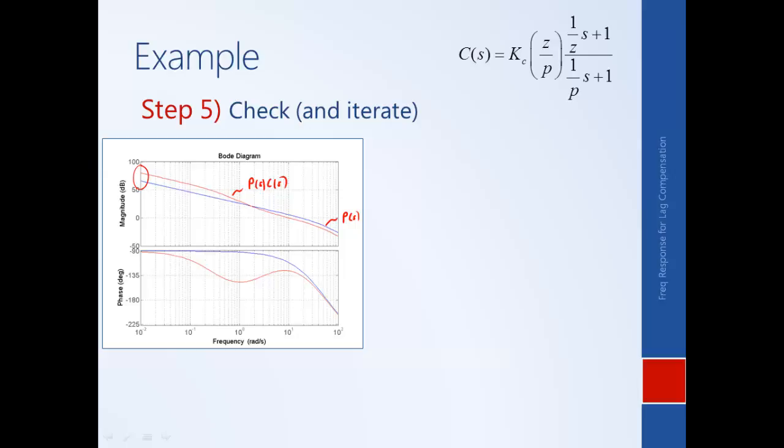We also see that we've moved the gain crossover frequency to a lower frequency. So we've achieved this improved DC gain, but we've slowed the system down so that presumably this new compensator will cause the system to need a smaller amount of control effort.